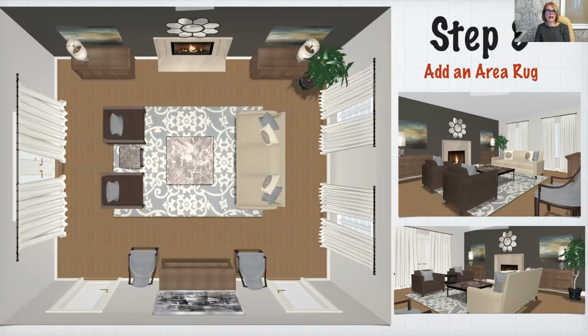This is an 8x10 in this particular room, and as you can see, the back legs of the furniture are not on the carpet, which makes it fine. I wouldn't want it all squished on the carpet, because then it would look like you were on a flying carpet, on the island. We want you to be a little bit off the island, but a little bit on the island. So that's where the area carpet idea comes from.